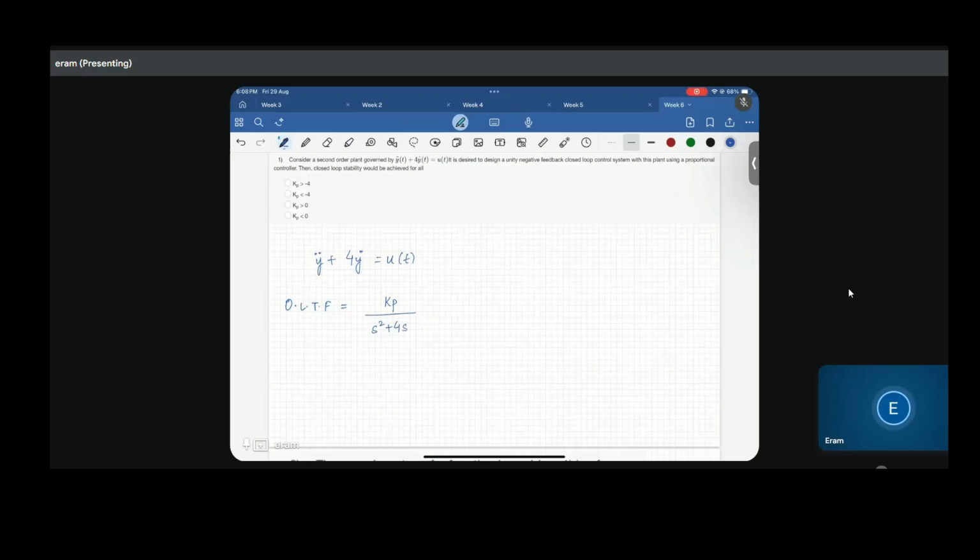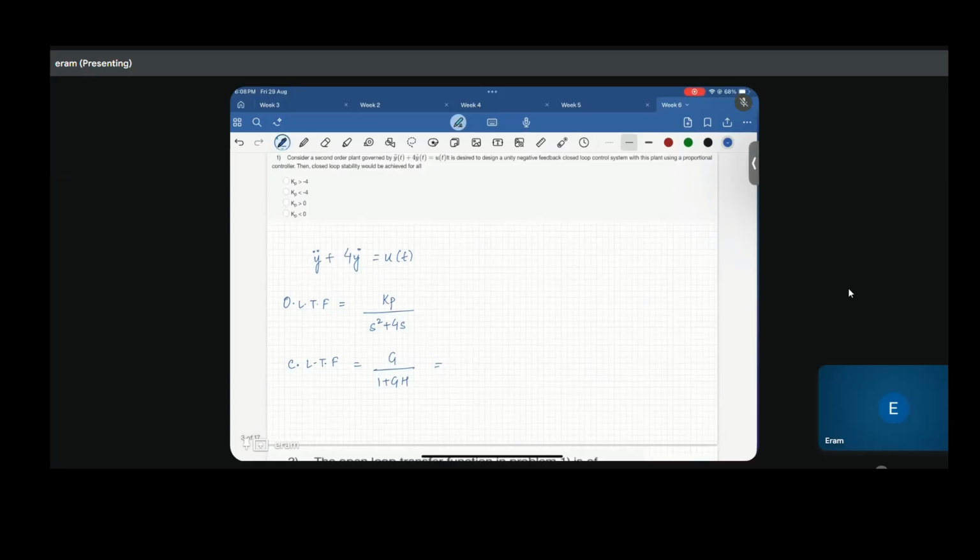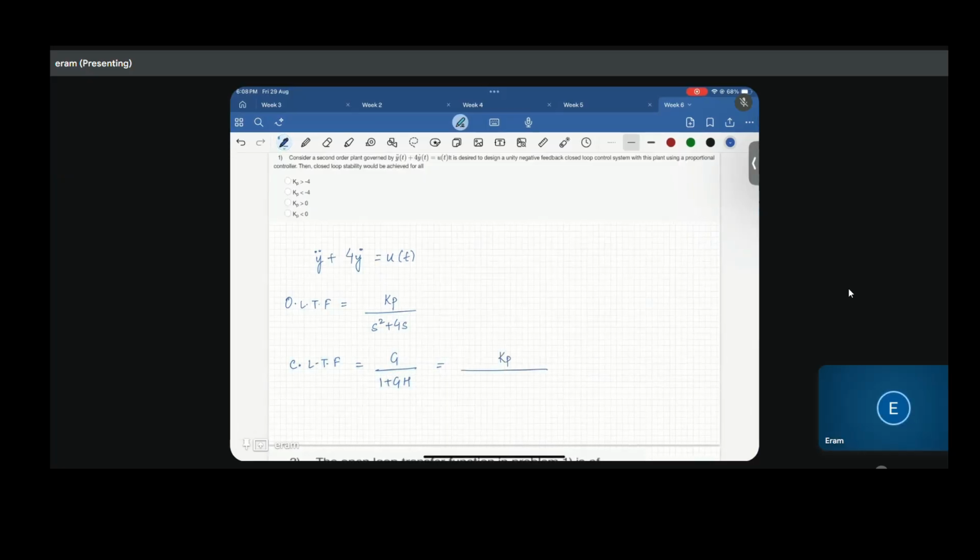Now, if we find the closed loop transfer function, which will be G by 1 plus GH, and since H equals to 1, because we are using a unity feedback, therefore our closed loop transfer function will be Kp divided by s square plus 4s plus Kp.